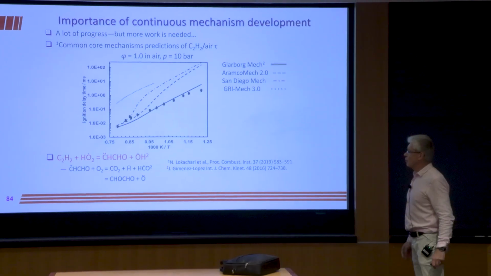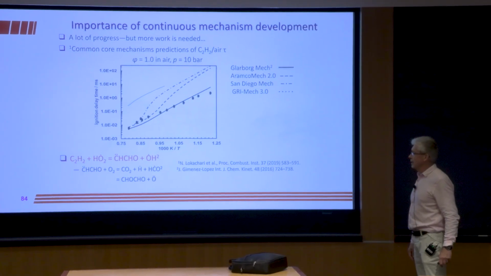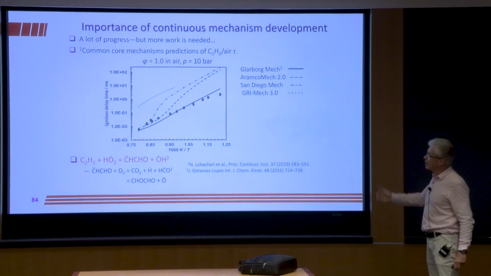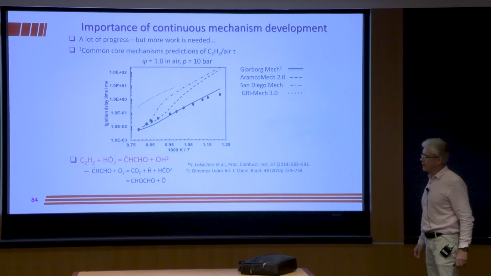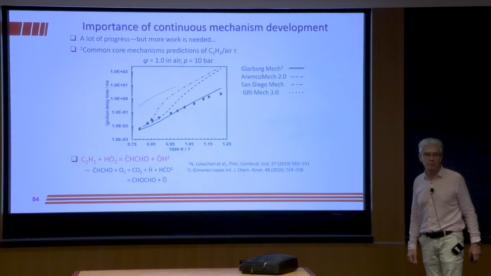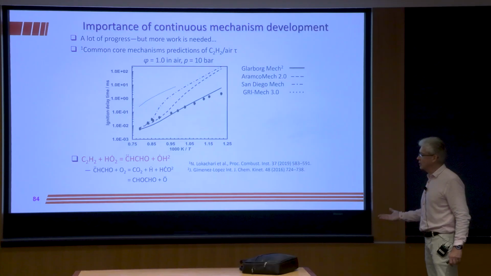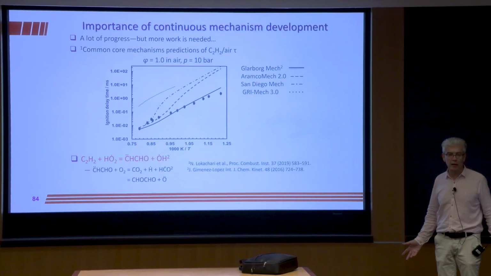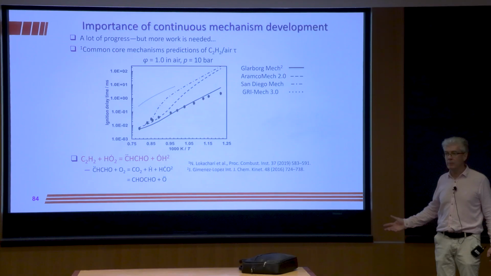Okay, and what I showed here was that in all the mechanisms except that from Peter Glarborg's group, this acetylene plus HO2 reaction was missing. And adding that reaction and then the oxidation of the radical produced in the reaction led to good agreement with the experimental data, okay?